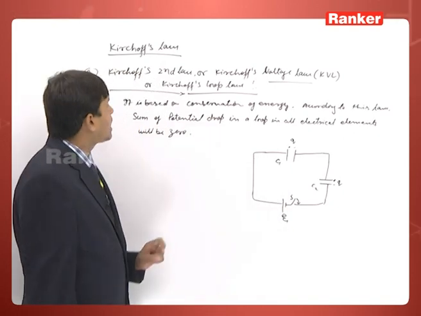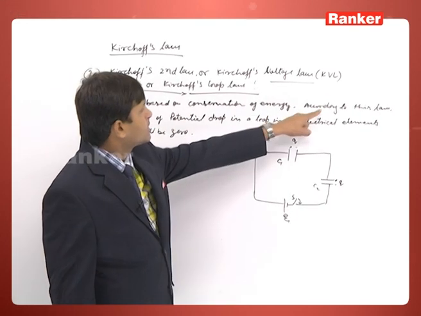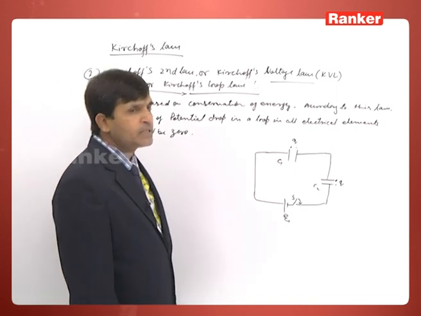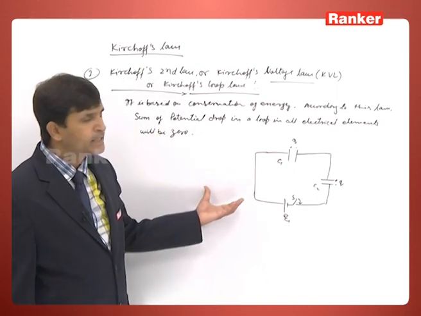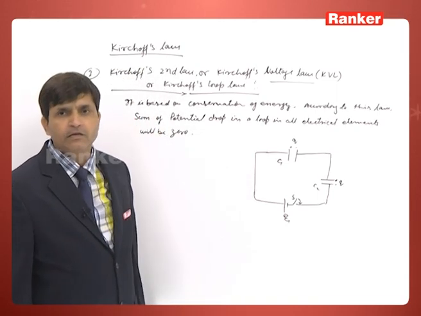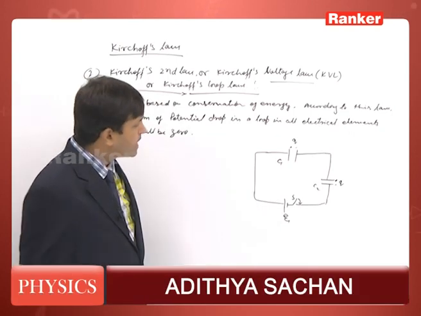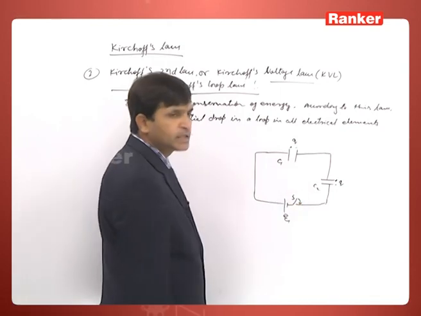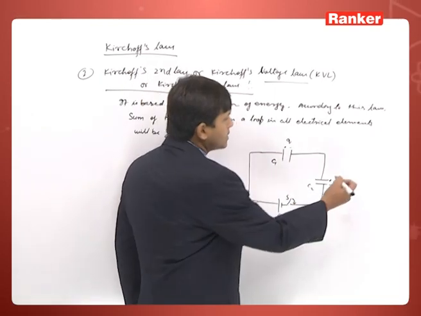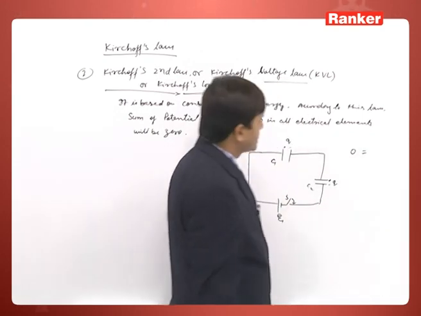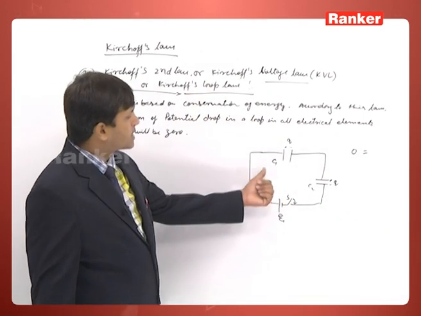Now, how to use conservation of energy? According to conservation of energy, initial energy is equal to final energy. So what is the initial energy? Initial energy means before closing the switch, that was 0 here because there was no charge on the capacitor.